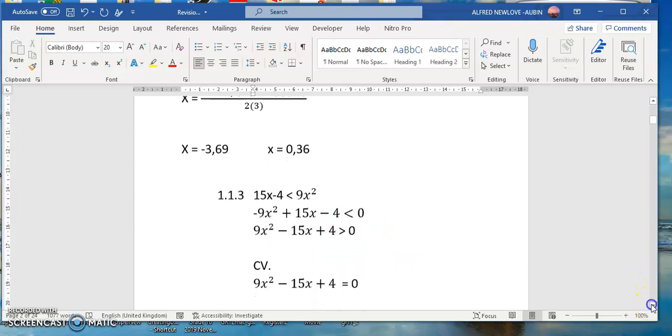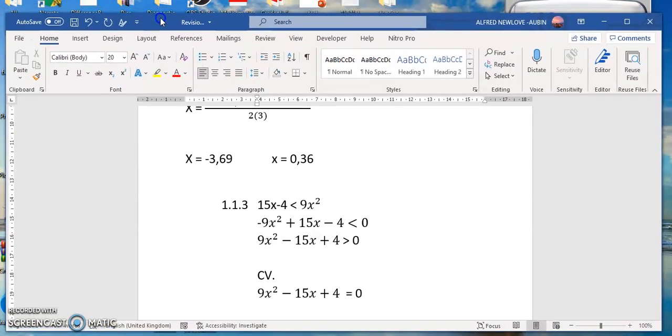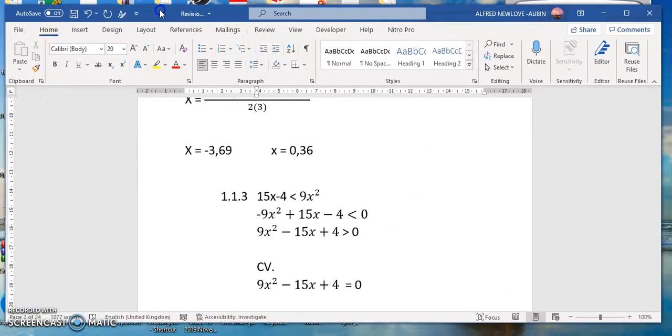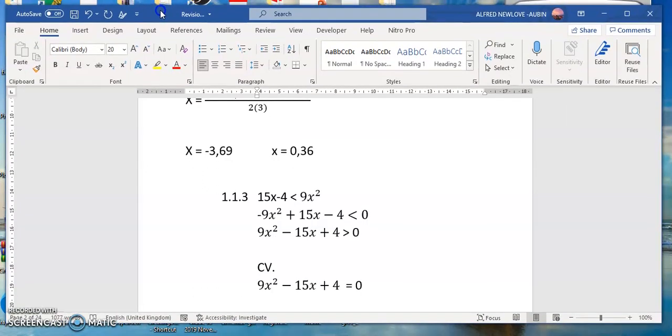Then we find the critical values. Let's find the critical value.